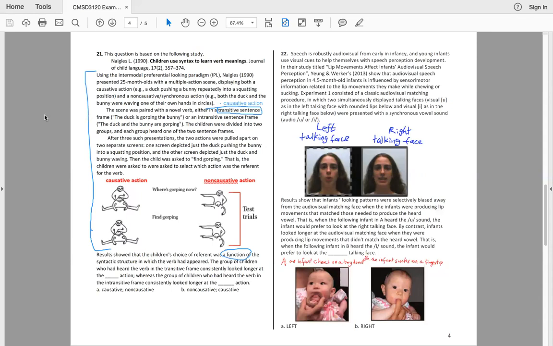Intransitive frame, non-causative action.